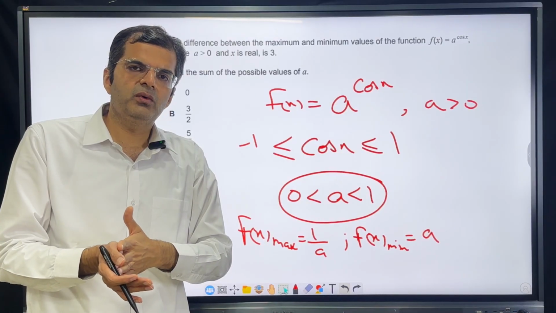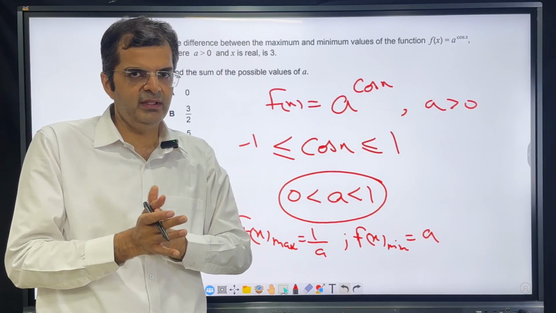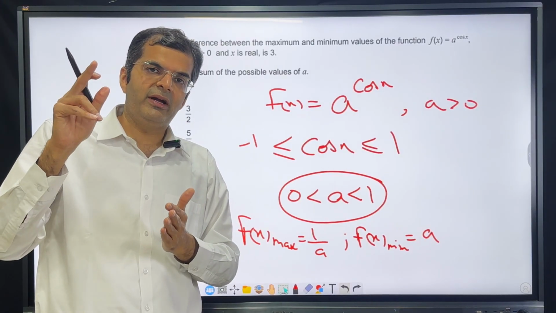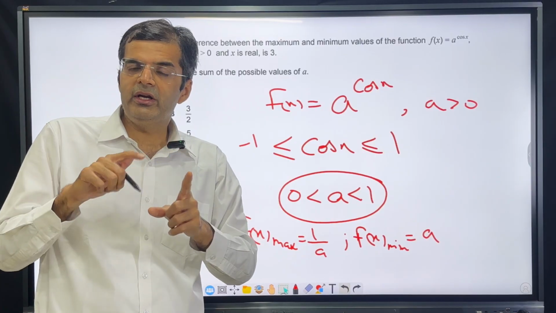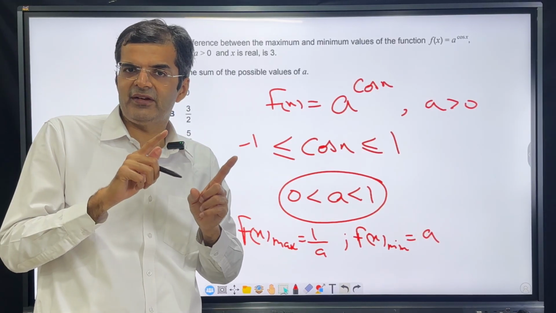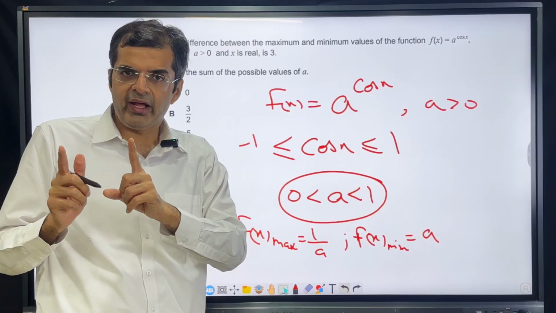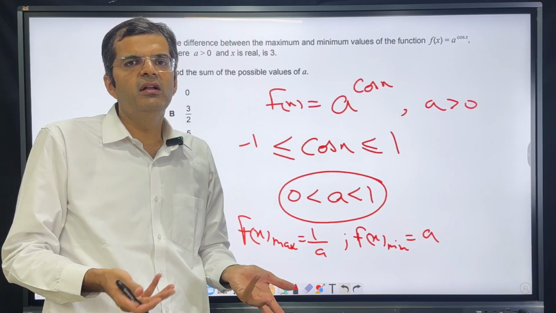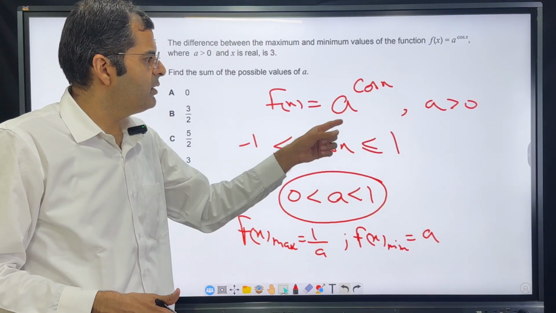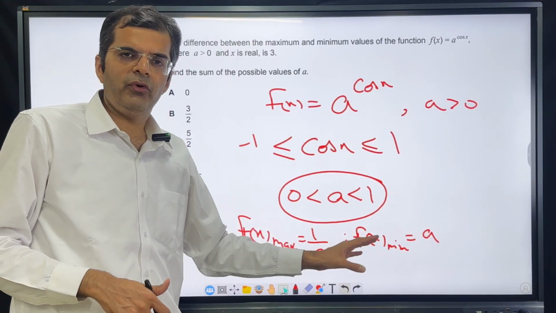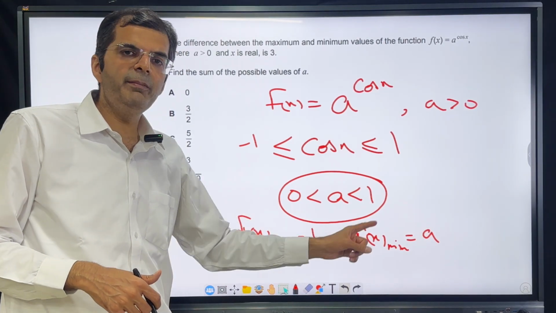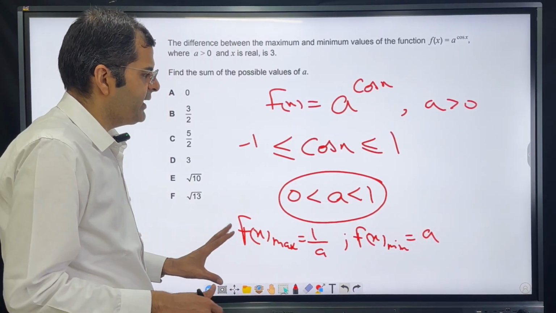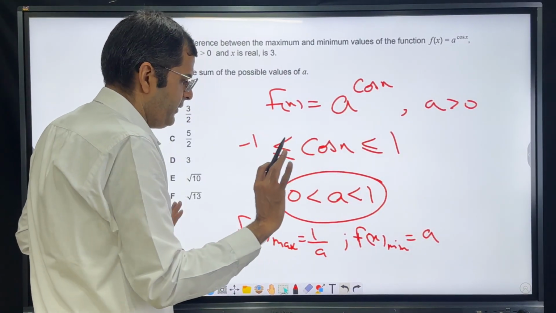If cos x becomes 0.5, then that will become 0.49 raised to 0.5, which is 0.7. The square root of 0.49 is 0.7, which is more than 0.49. So the minimum possible value when a is 0.49 will be 0.49 only. For any other value of f of x, that will be bigger than a. So the minimum possible value is a, the maximum possible value is 1 by a. This is when a lies between 0 and 1.